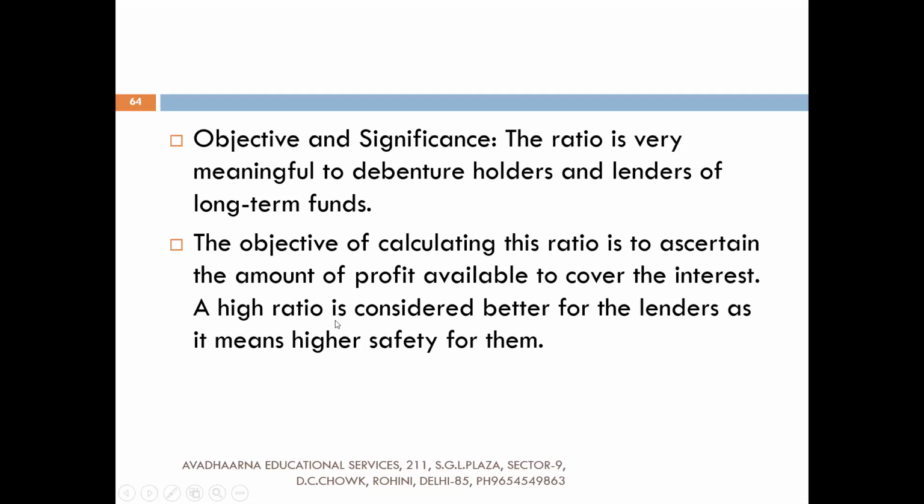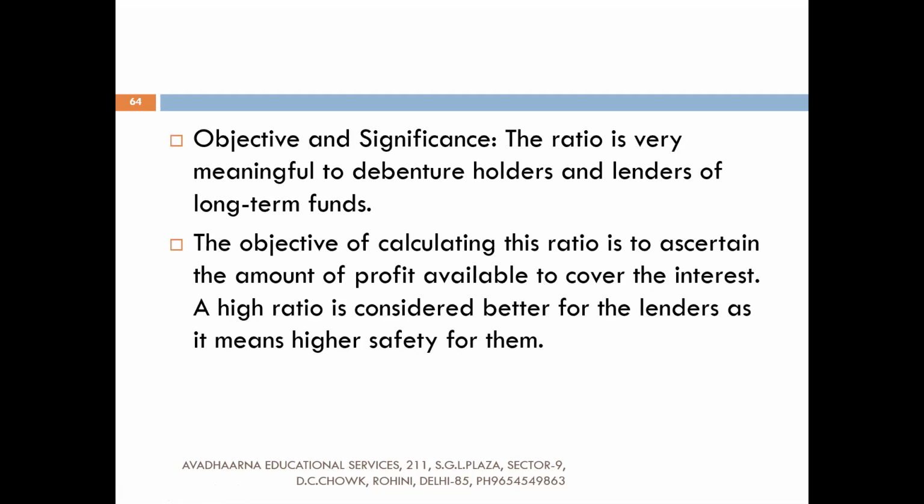A high ratio is considered better for lenders as it means higher safety for them. Let us understand the last line with the help of an example. Again, I'll repeat this line. A high ratio is considered better for lenders as it means higher safety for them, means the higher the ratio, the better it is.